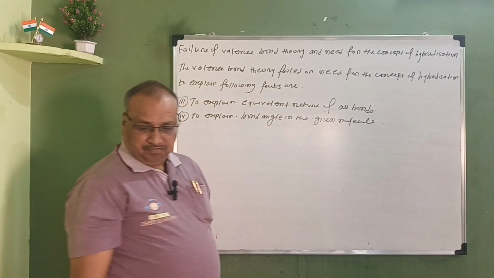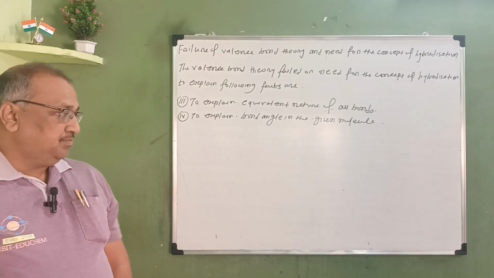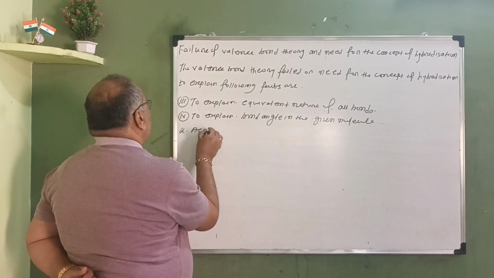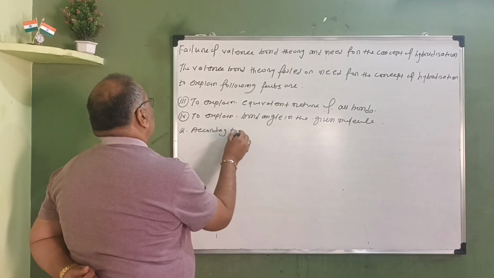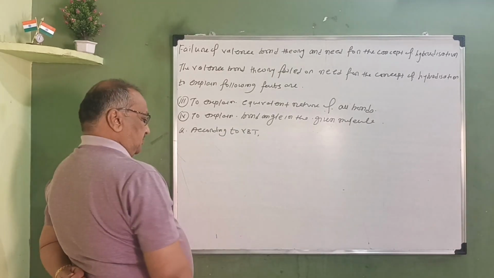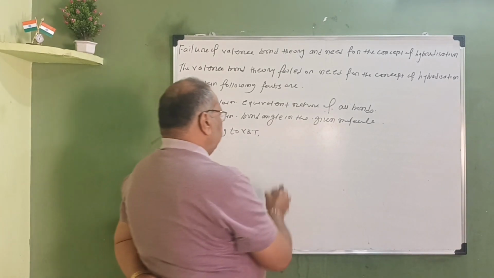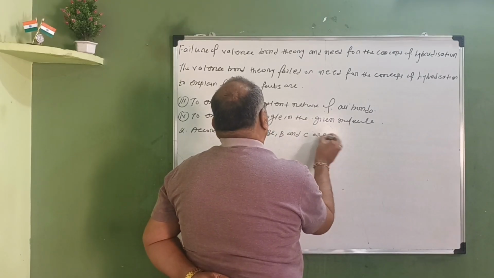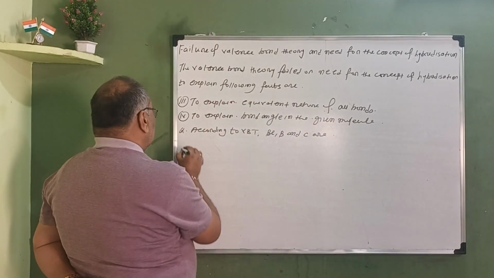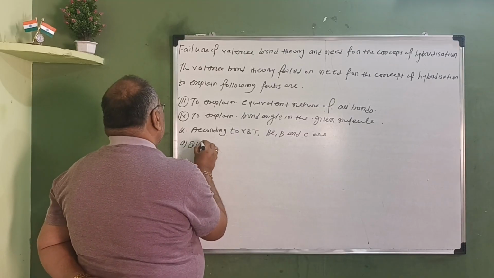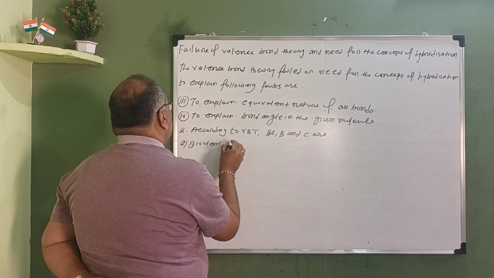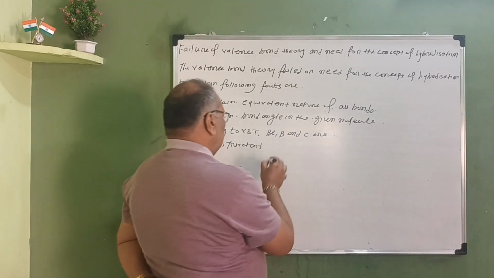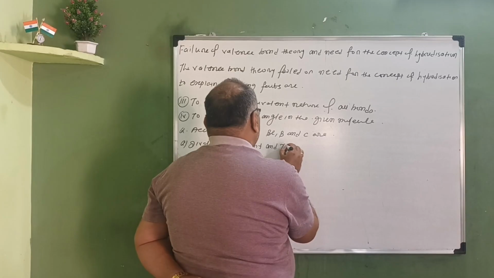Now we will write down one question. According to VBT, that means valence bond theory, beryllium, boron and carbon are: number A, divalent, trivalent and tetravalent.